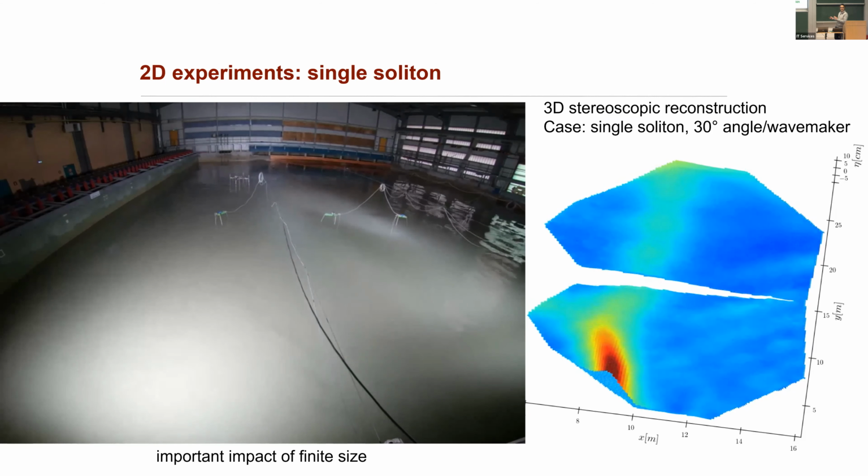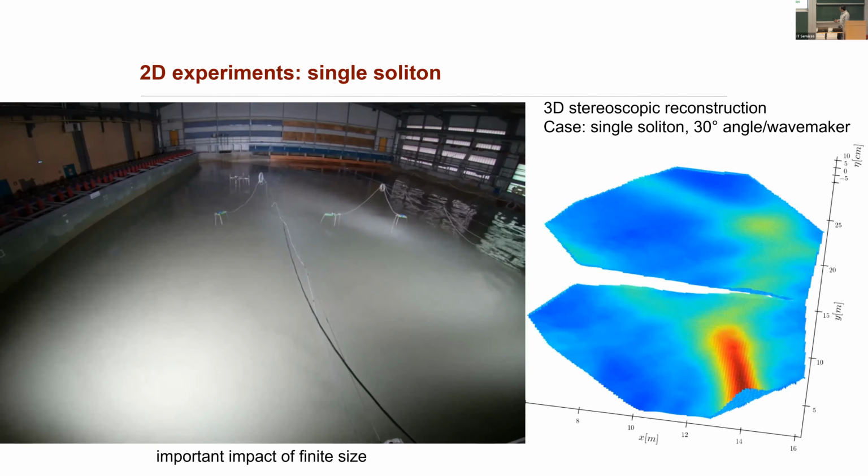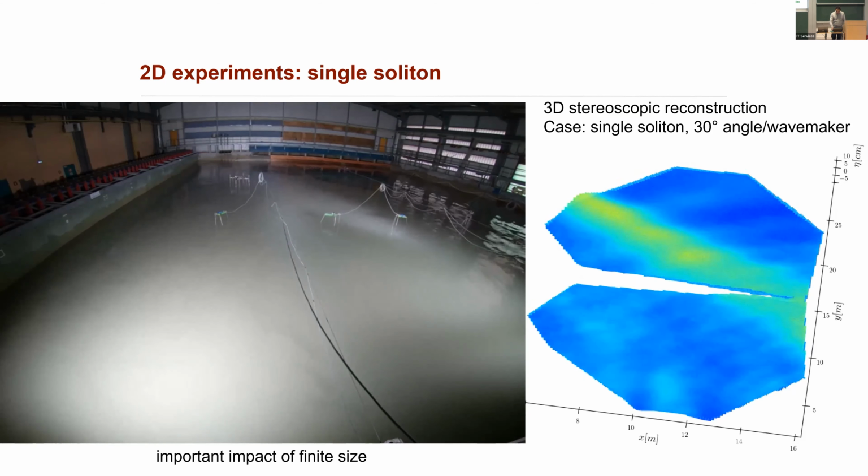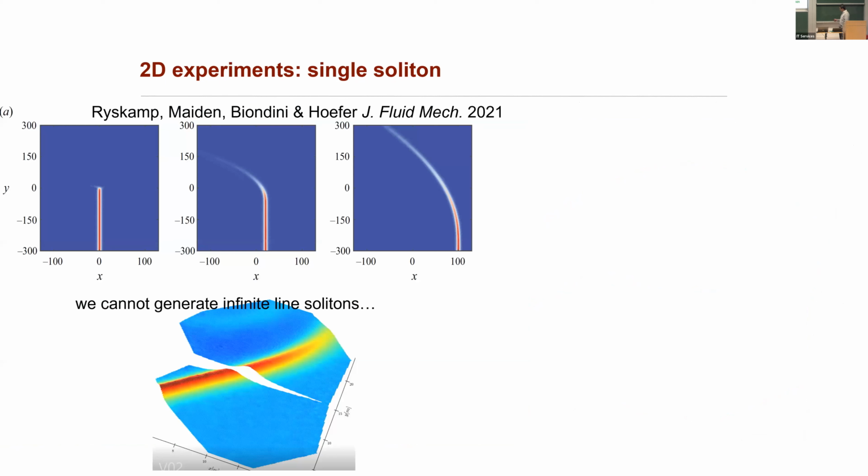It looks like a soliton, but it's not so clear whether they are actually solitons. So let me show you just two snapshots of this thing. That's the first snapshot just after the emission of the soliton in the field of view of the camera. So the first thing you see is that the soliton is bent, actually. It's not a straight line, and the amplitude is decaying in this bent region.